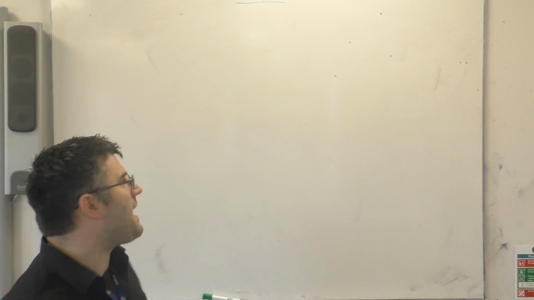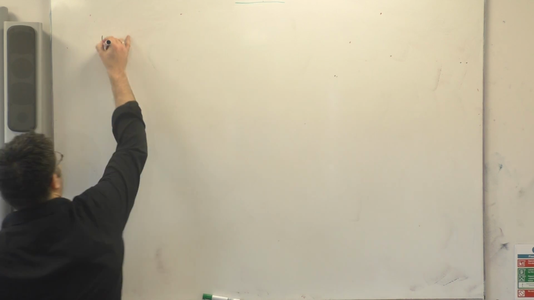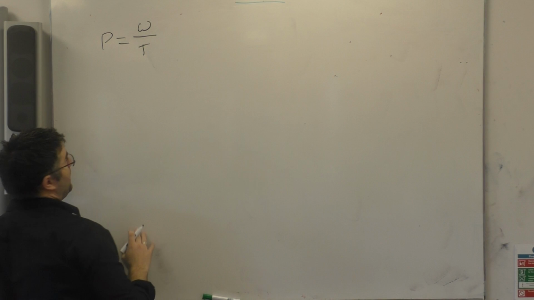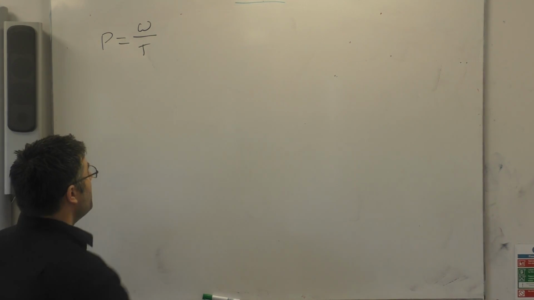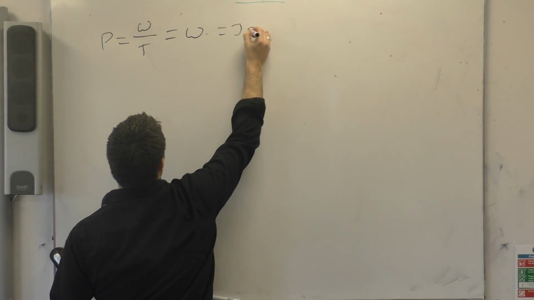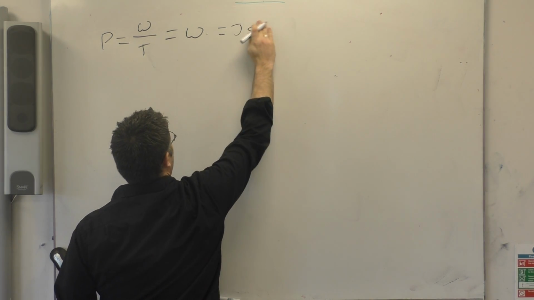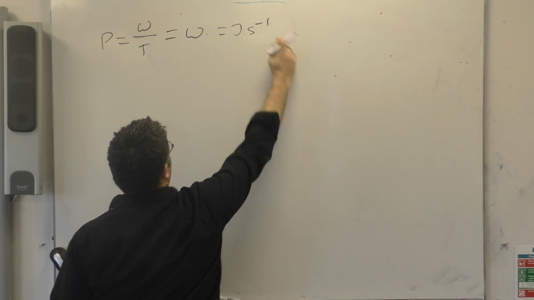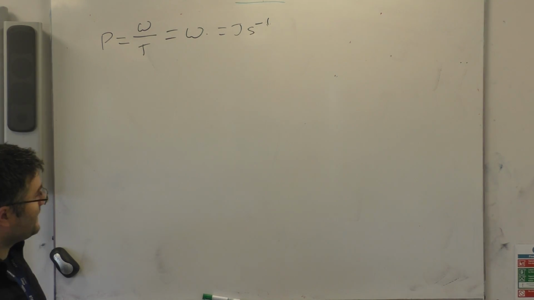So we've already studied power in the form of power is equal to an amount of energy transferred per unit time. And you know that unit quite happily as the watt, or the joule per second.